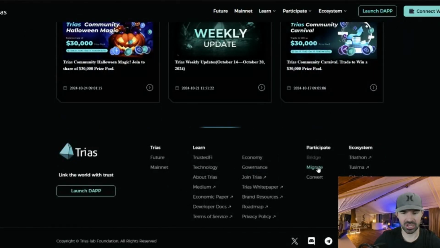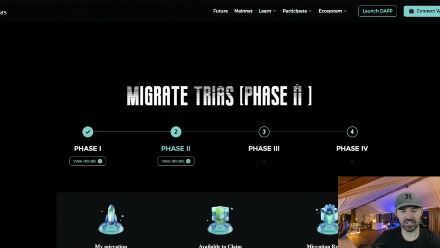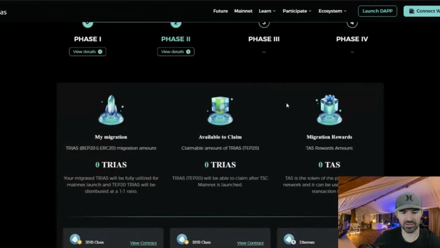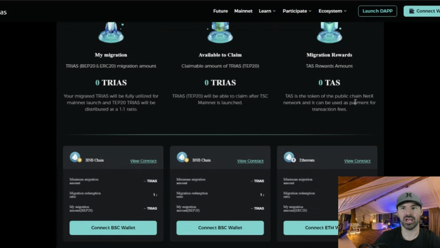If you click on this, they're currently in phase 2. You will have to connect your wallet, and then once you connect your wallet, you'll be asked to migrate your tokens to the Trias mainnet. Their new token will be called TEP20. Now, once you migrate, that new token isn't tradable yet.